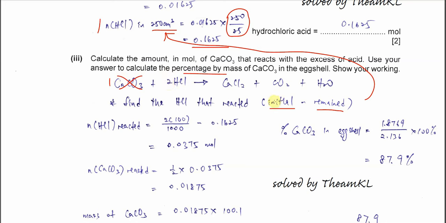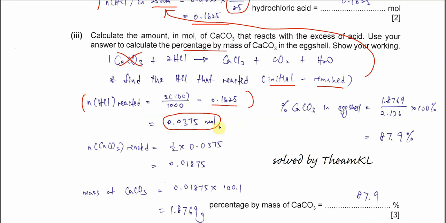So we must use the initial moles of acid minus the ones that remain in the 250 cm³. Initial moles, you just use MV over 1000 again: 2 times 100 over 1000, minus the moles that remain in part 2. So therefore, you know the moles of HCl that reacted.